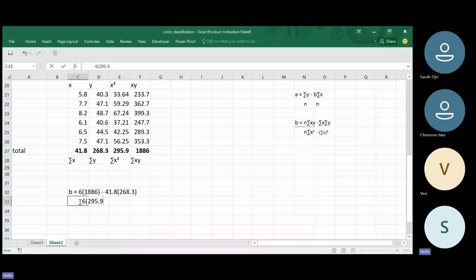Good. Minus, we have summation x, squared. Summation x is 41.8. So we have the square.